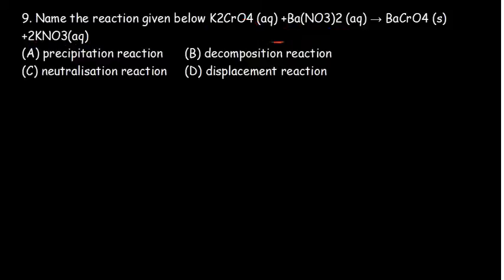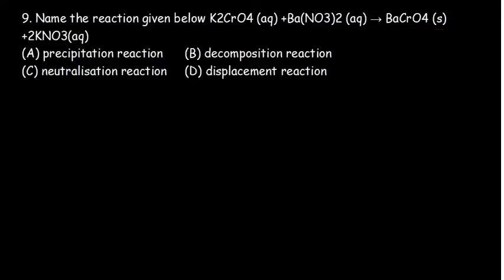Double decomposition reaction is where you've got compounds swapping. They can be classified as two. One is neutralization, the other one is precipitation. Precipitation is a case where there is a solid being formed, meaning that the others will remain as spectator ions, but there is a solid that is formed as a salt.